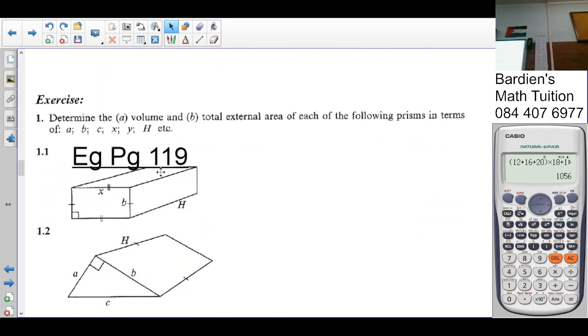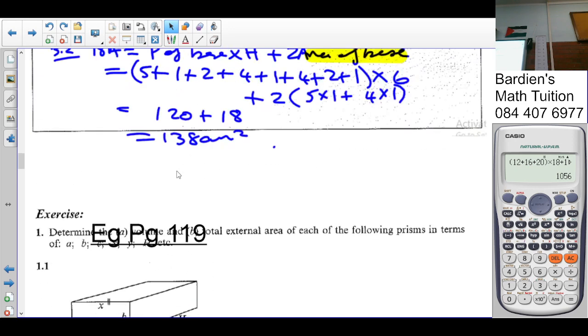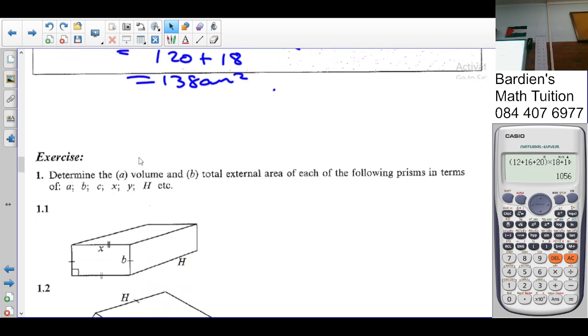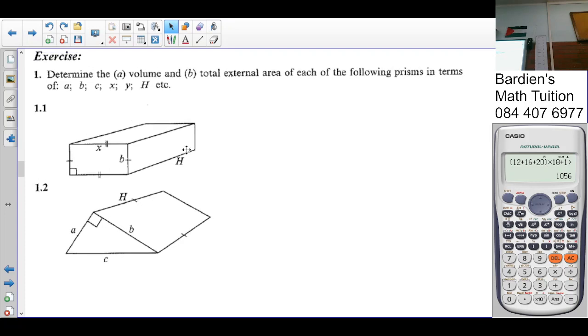Then I said you guys must do the first two sums, no? Did I give you the first two or the first four? First two. Okay. So this is the exercise on page 120.